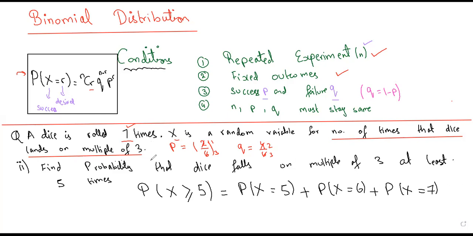So you are rolling the die 7 times and you are interested to get a multiple of 3, that is either 3 or 6. The question says find the probability that the dice falls on multiple of 3 at least 5 times. This is the only thing which you need to understand. When it says at least, it would be at least 5 or more. So this would have this plus this plus this.